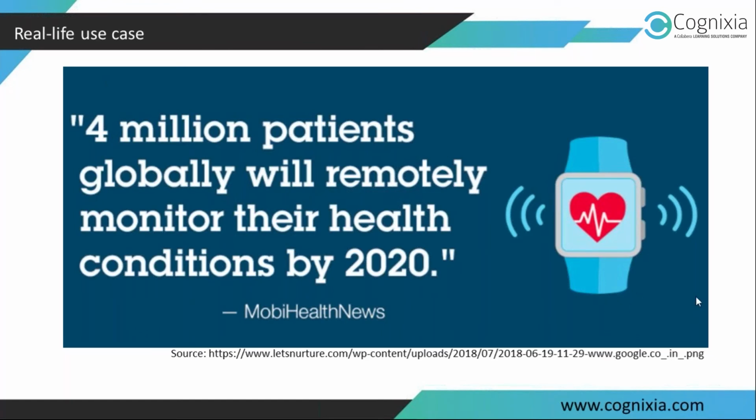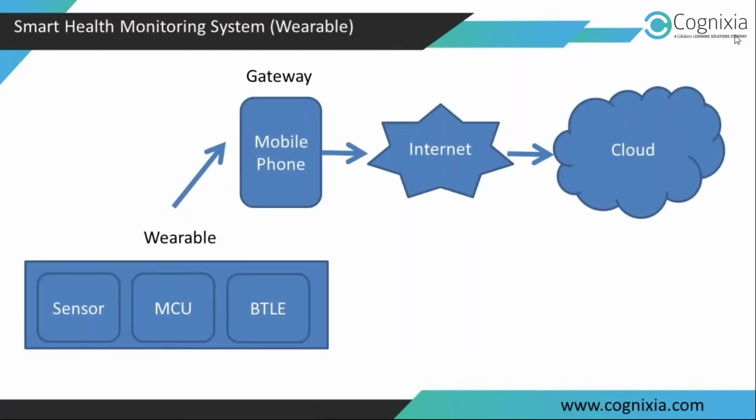But as we are running short of time, let me directly jump to this use case. I talked about two types of connectivity: direct connectivity and gateway-based connectivity. When it comes to smart healthcare monitoring systems and wearable devices, devices that can capture data from a human body, this is one of the areas where most companies are exploring IoT.